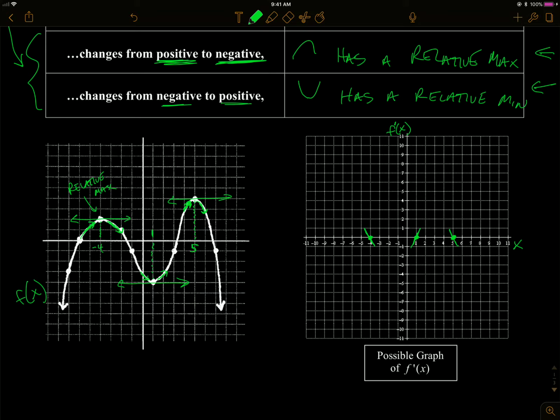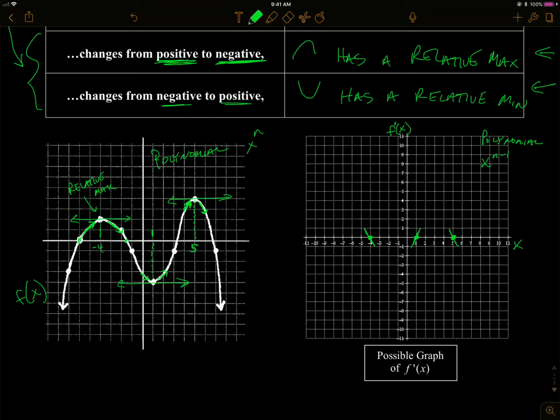Okay, so this, by the way, is a polynomial. I know that just because it's continuous. It's a smooth curve with a couple of turns, which means it's x to some power. So I know that this one, the derivative, just by what I know about power rule, is also going to produce a polynomial, and it's just going to have one less power, which means one less turn, possibly one less x-intercept, right?